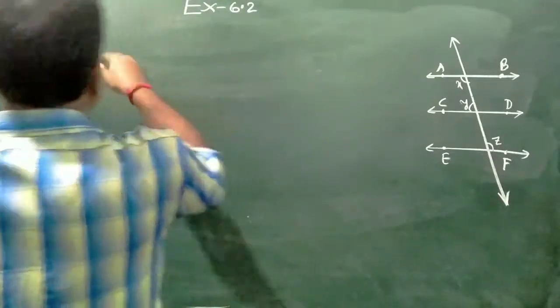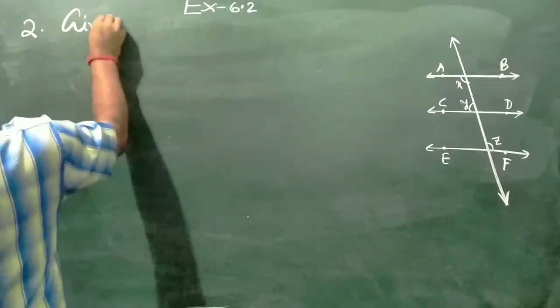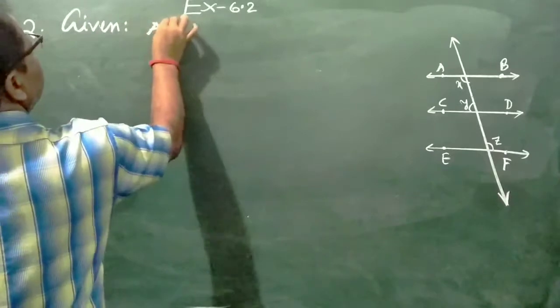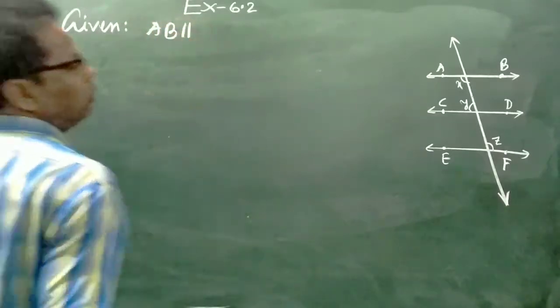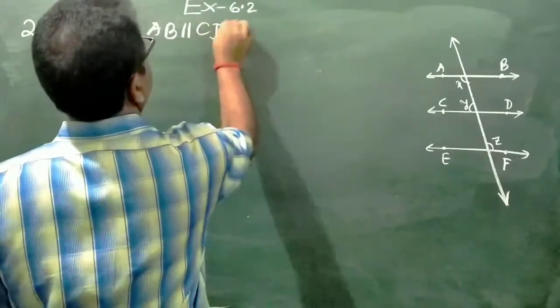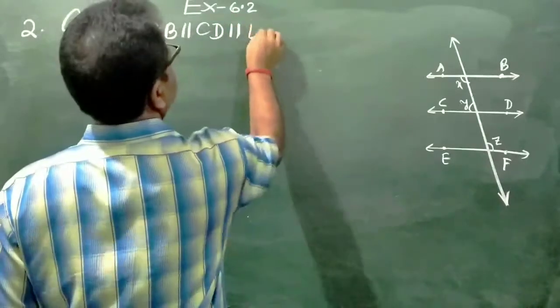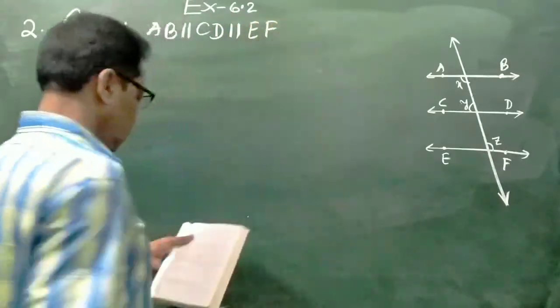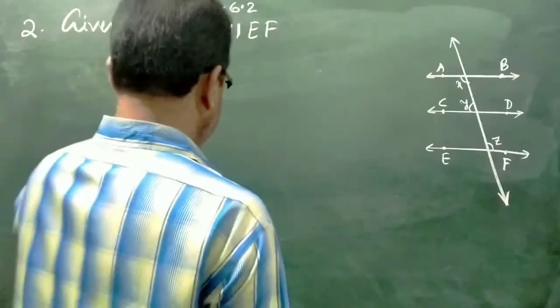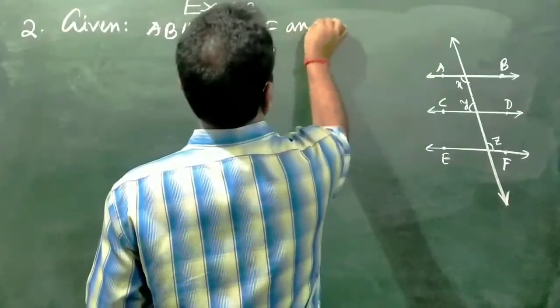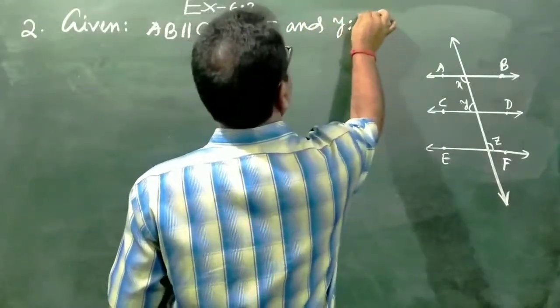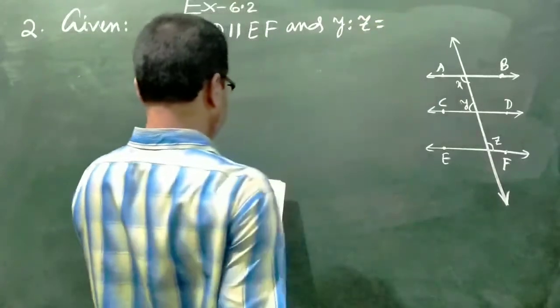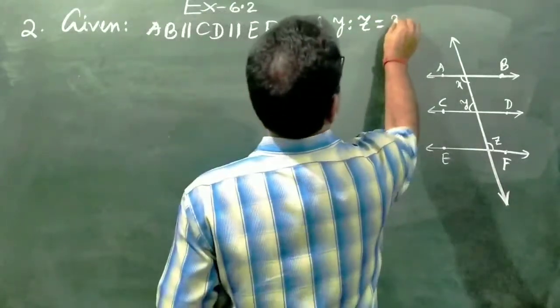So given here, AB is parallel to CD, which is also parallel to EF, and Y is to Z is equal to 3:7.